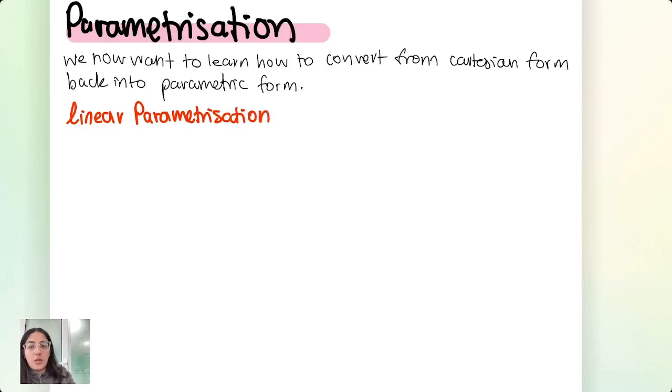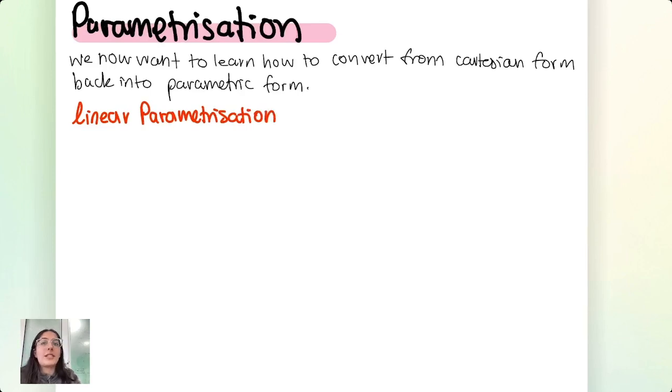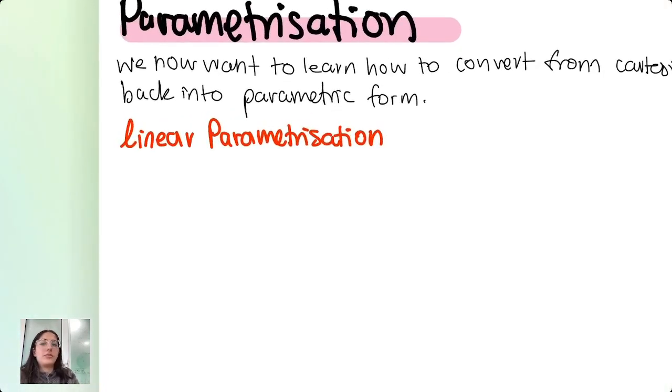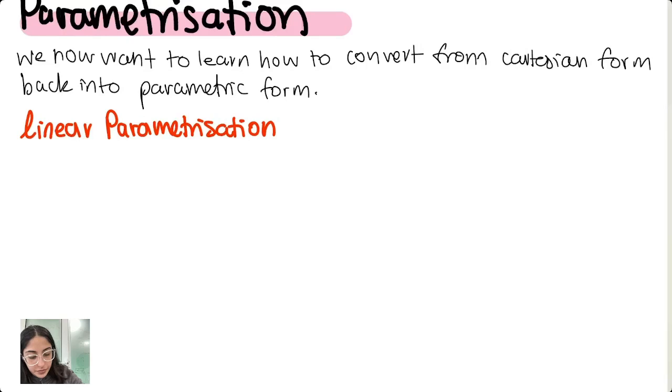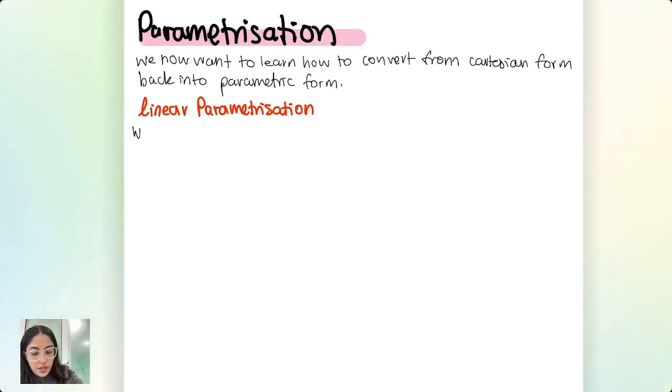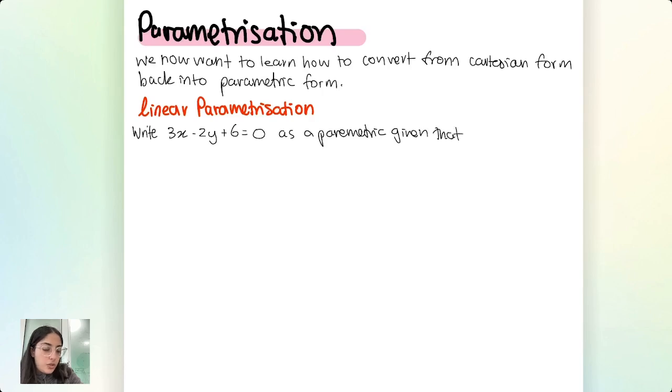So the question will be something like this. It'll say, write 3x minus 2y plus 6 equals 0 as a parametric equation, given that x equals 2t plus 1.